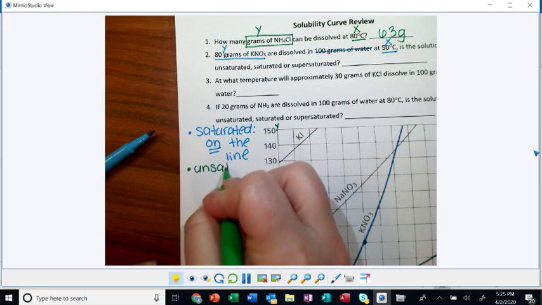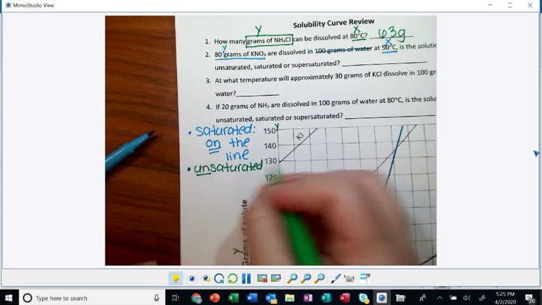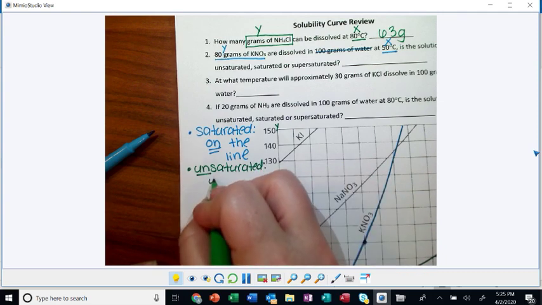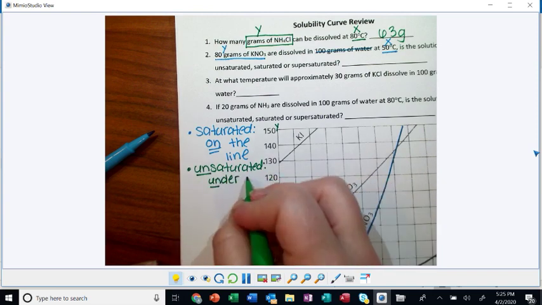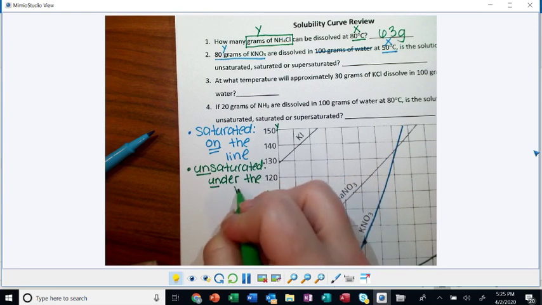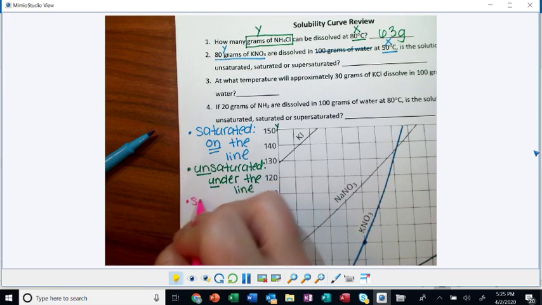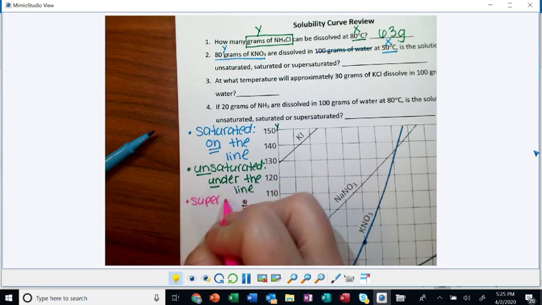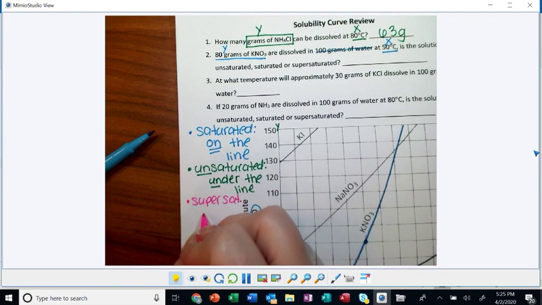Unsaturated, okay, is under, right, the line. And then supersaturated, I'm going to abbreviate it because I'm running out of space, means that it is above the line.